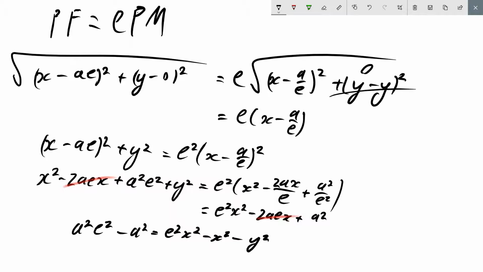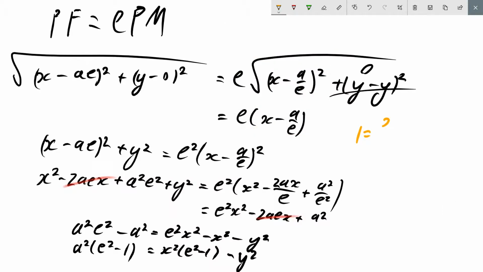I'm now going to factor a squared out on this side and x squared out on this side, so we'll get a squared lots of (e squared minus 1) equals x squared lots of (e squared minus 1) minus y squared. And then I'll divide both sides by a squared lots of (e squared minus 1), and we will get the form that we're looking for.